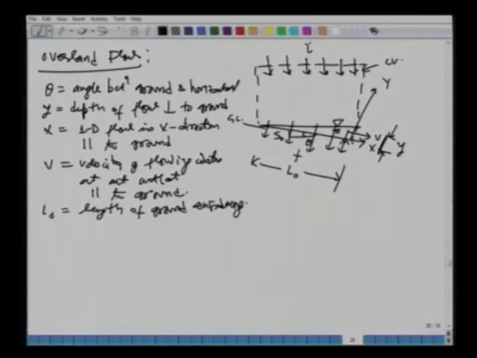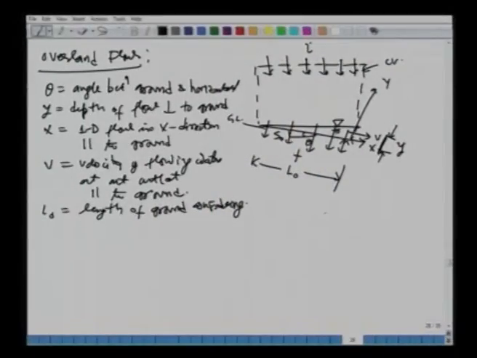Now, what I would like to do is also look at the cross section of this overland flow or this control volume, what is happening if you look at it from the right hand side. Actually this cross section would come here, but I do not have the space, so I am going to draw it here.